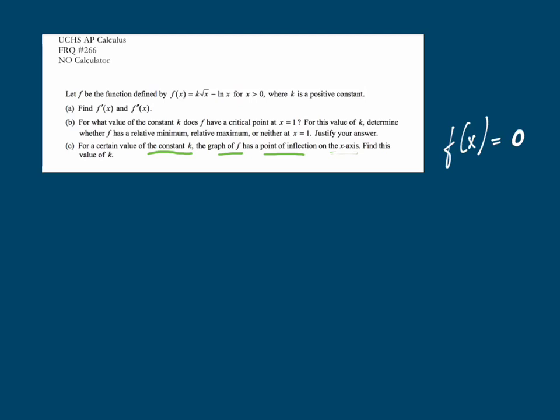So we have to go all the way back up to the very first thing and set that equal to 0. So 0 equals k times the square root of x minus ln of x.